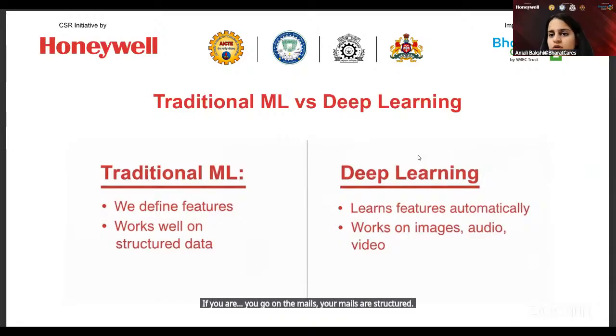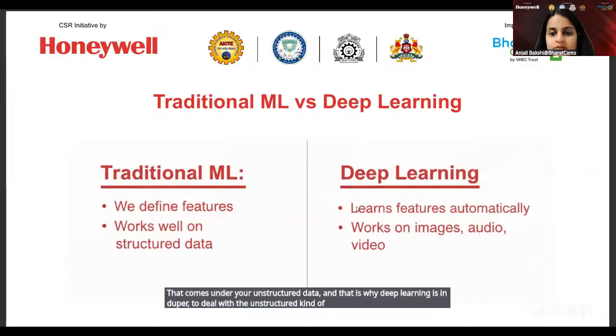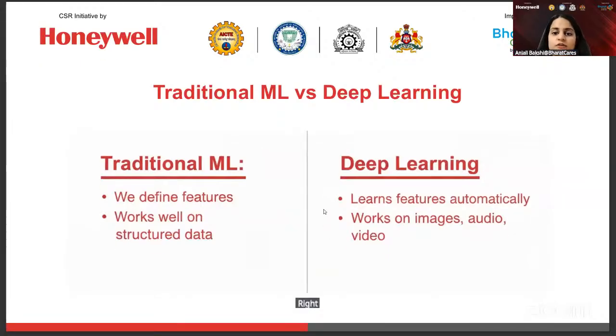Passbook details are structured, that is the structured data. But what about the data like images, like videos, like audios? That comes under your unstructured data, and that is why deep learning is into picture, to deal with the unstructured kind of data, right? So that was a major difference.